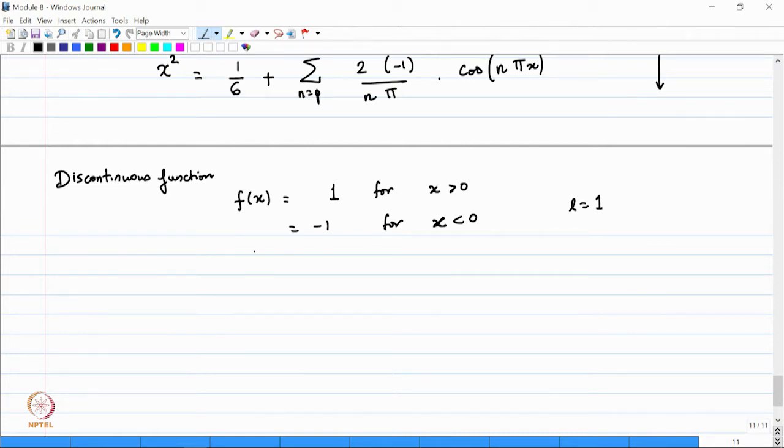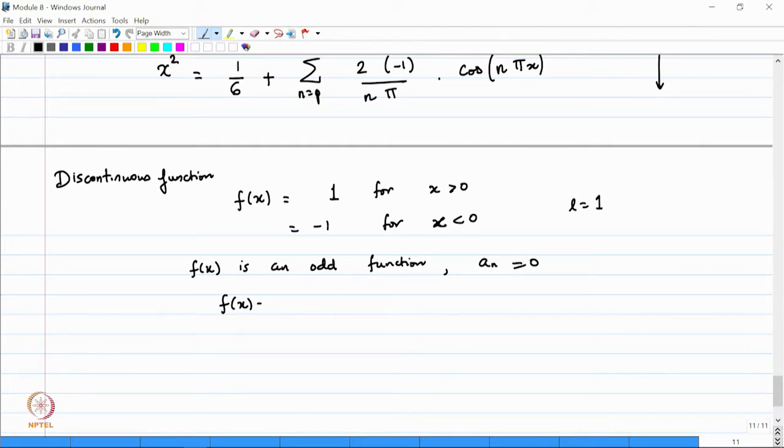In this case you can clearly see that f of x is an odd function. So, a n equal to 0. There are no cosine terms.